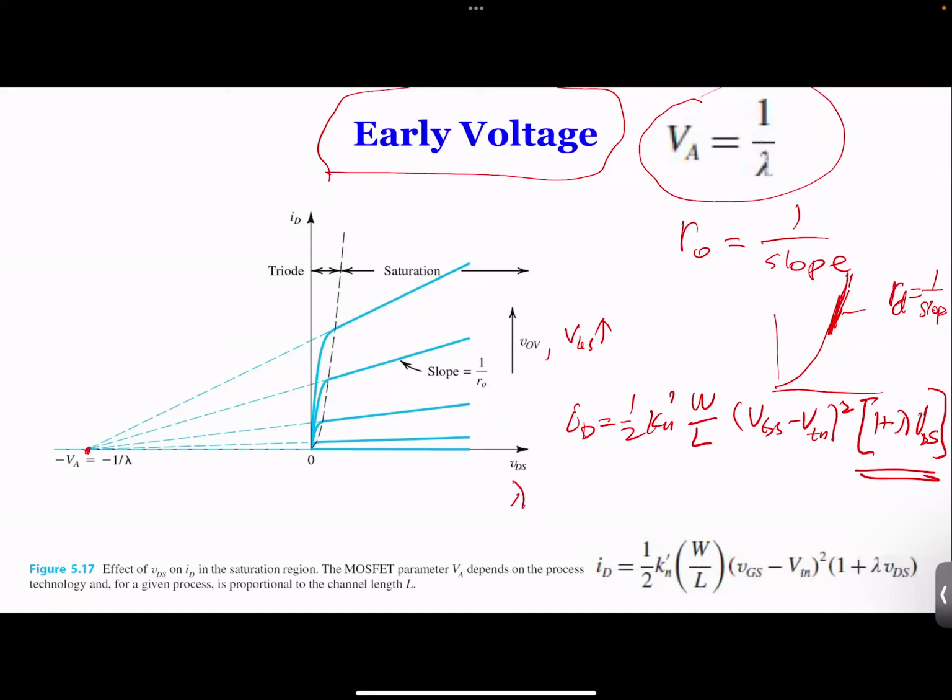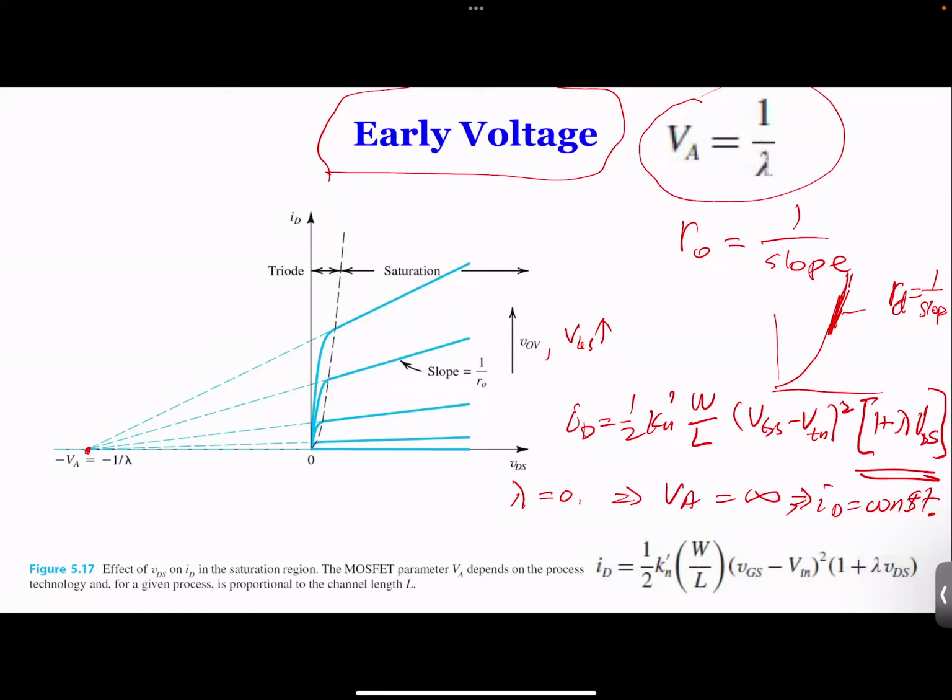If lambda is 0, that equation goes back to the original equation. But lambda 0 means VA is infinity, and infinity means the current ID is constant in the saturation region. So if ID is constant, the curves are flat, which means VA is infinity and lambda is 0, and it reduces to the ideal situation.